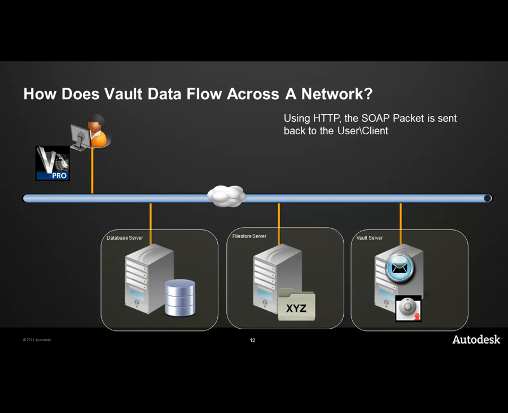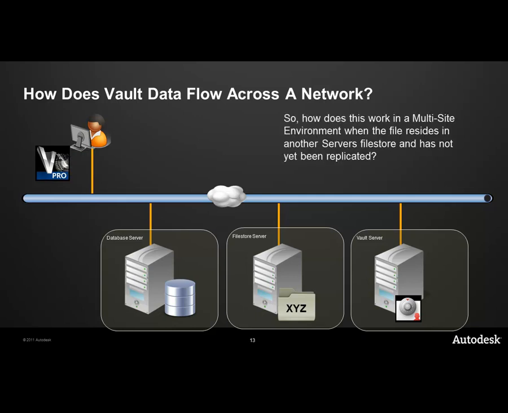Using HTTP, the SOAP packet is sent back to the user or client, and the file is created in the local working folder. So how does this work in a multi-site environment when the file resides in another server's file store and has not yet been replicated?